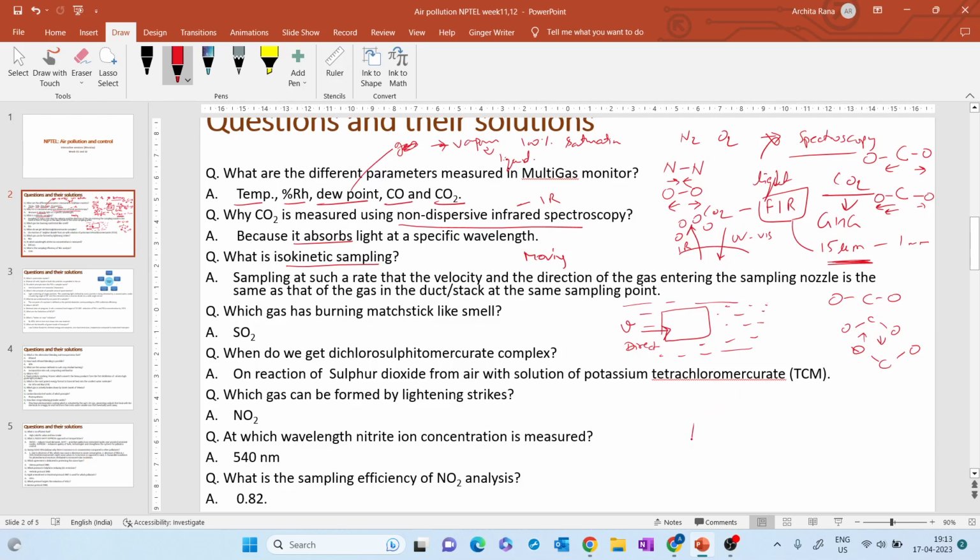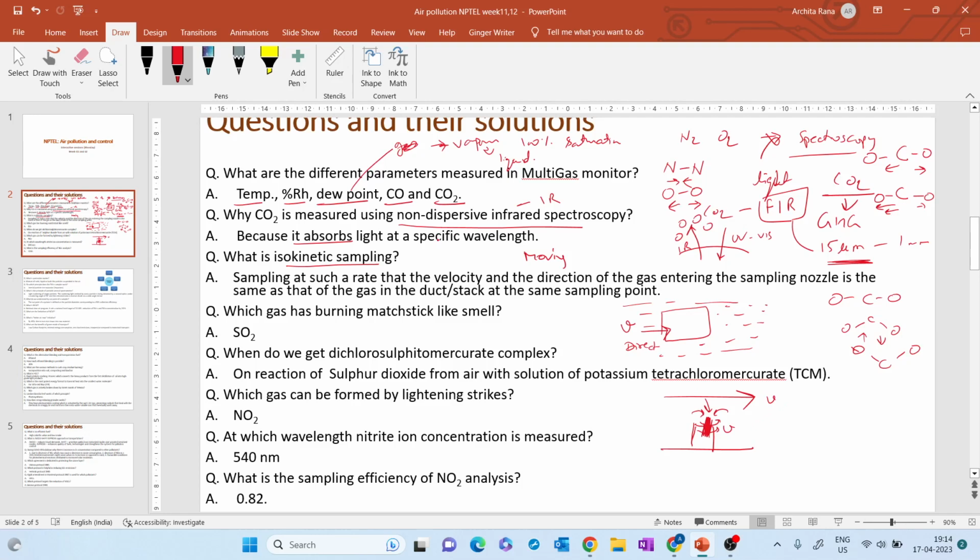For example, if this is the rooftop and this is my gas analyzer, it has a cyclone here which is taking the air in. Now, if the surrounding air is moving in this direction, then the movement of air or gas inside this analyzer should be in the same direction, and should have the same or similar velocity as the surrounding air.